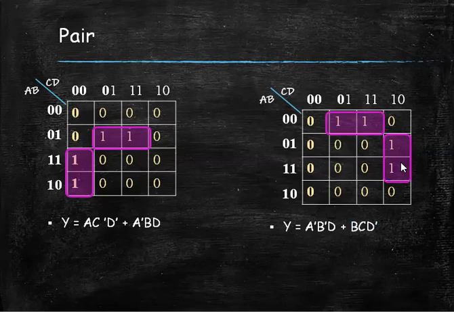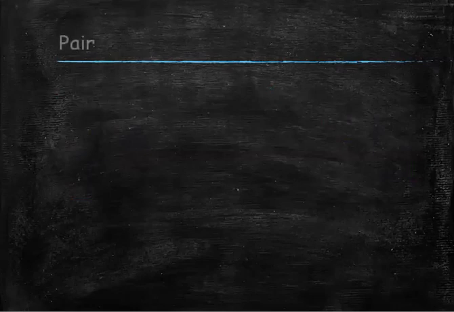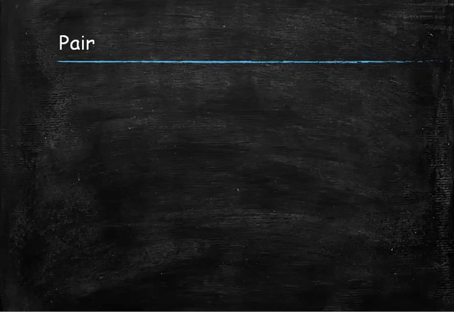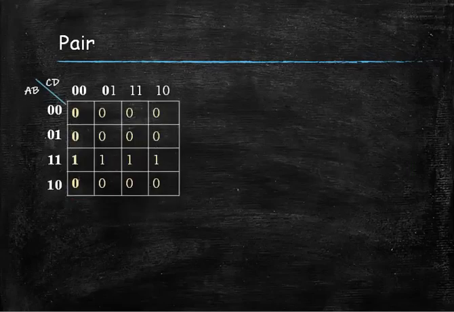Okay, now we can consider another example. Now we are looking at the K-map.